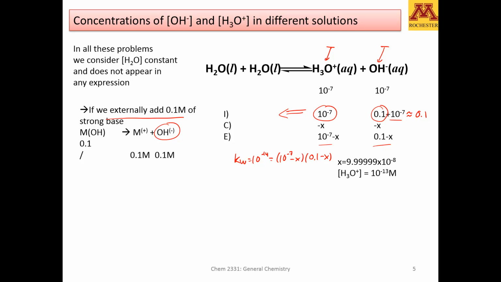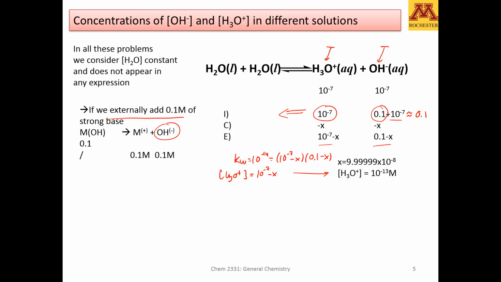If we solve for X, you will see this value, and the concentration of H3O plus is 10 to the negative 7 minus X. If you substitute this X in here, what you obtain is that H3O plus, or hydronium, is 10 to the negative 13 molar.